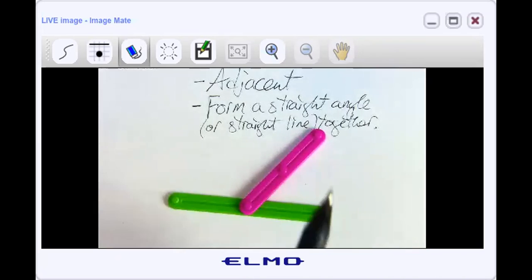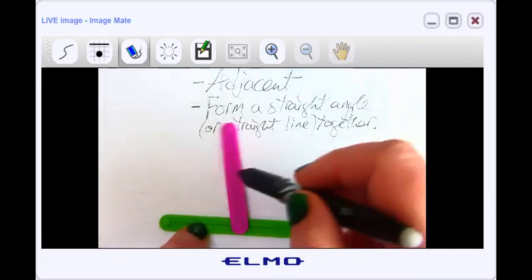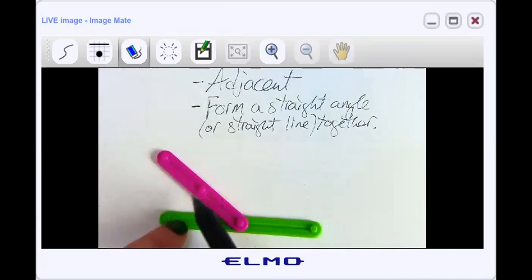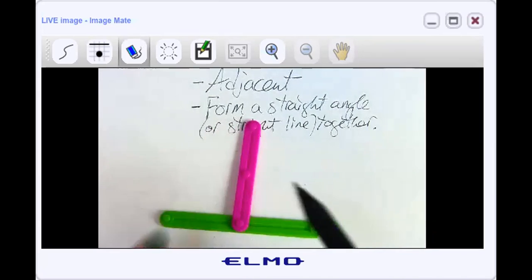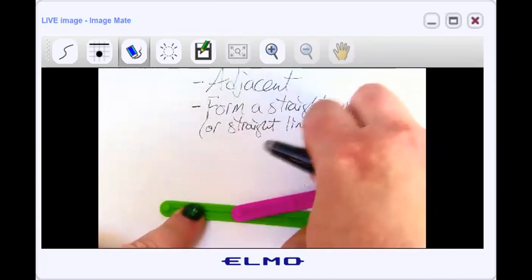All right. Now, this can look a couple different ways. I could easily move this pink thingy over here. Those are still a linear pair. They're still doing all the same things that I was just talking about. They're still adjacent. They still make a straight line together. So no matter where this pink thingy moves, that's still a linear pair. You could even swing it all the way around. I don't care.